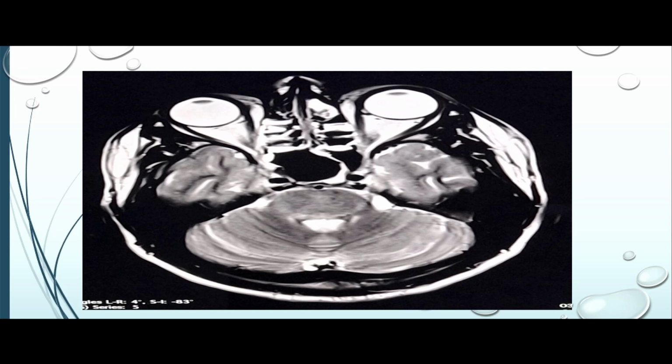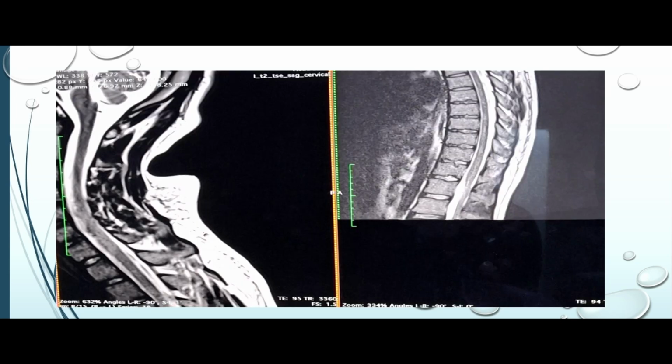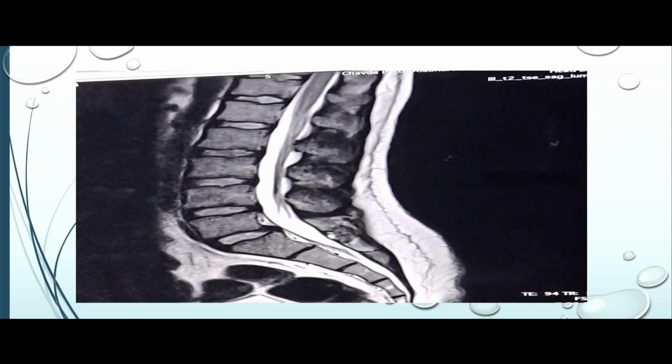This is the cervical spine, with involvement of multiple segments, a longitudinally extensive lesion of more than 3 vertebral segments in the spinal cord, along with the dorsal spinal cord, and now the conus, the end of the spinal cord, is also affected.